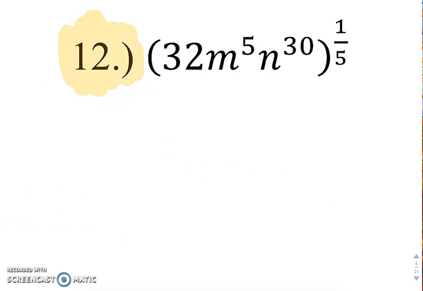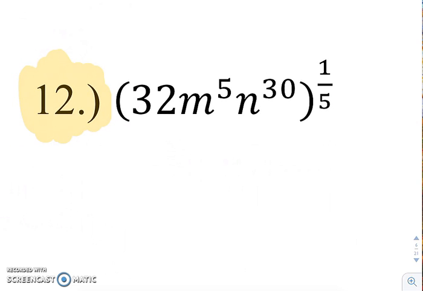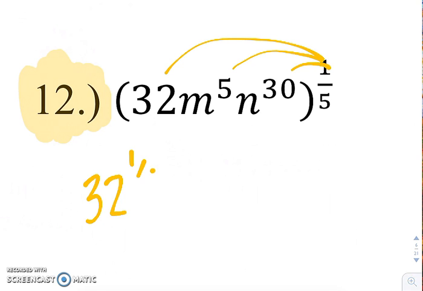And number 12. So we've practiced rewriting from exponential form to radical form. So you guys could do this one of two ways. I know your brains are probably telling you, because there's the power on the outside, to distribute that 1/5 in there. And we can make that 5 over 1, 30 over 1.